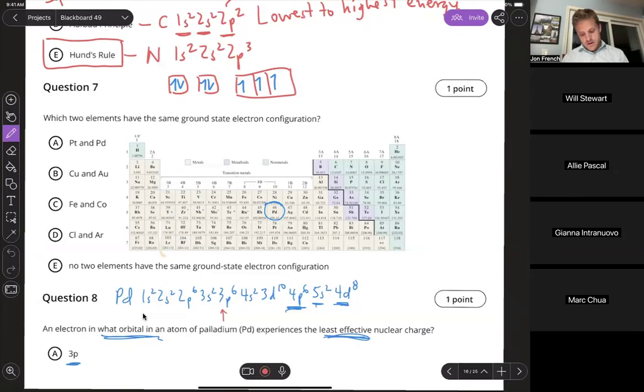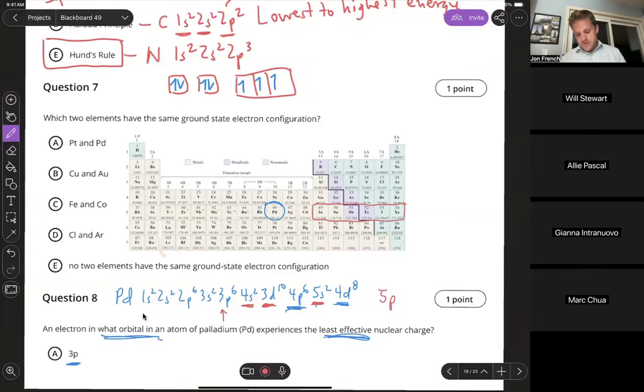5s looks pretty good. 4s, nope, we're moving in the wrong direction. 3d is between those two. And 5p, well, it's certainly out there, way out here, but for palladium we don't have any electrons assigned to the 5p orbital, because we haven't gotten to 5p in the periodic table.